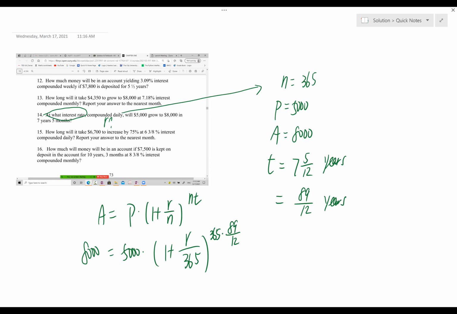The reason I didn't keep it as a decimal is that 5 over 12 is not a round answer, so we keep it as accurate as possible. So here we have this setup. Next, we try to solve for R.